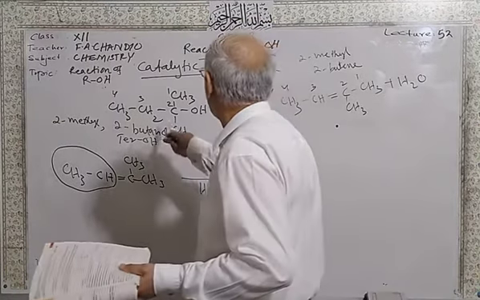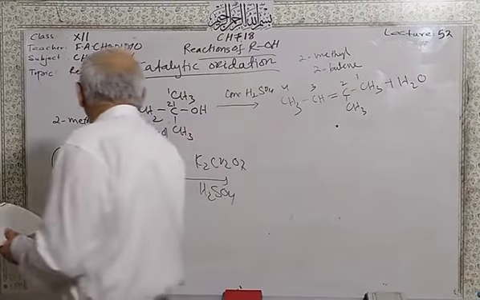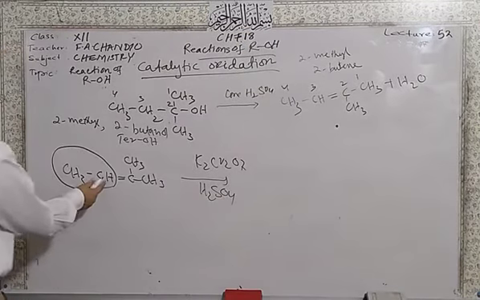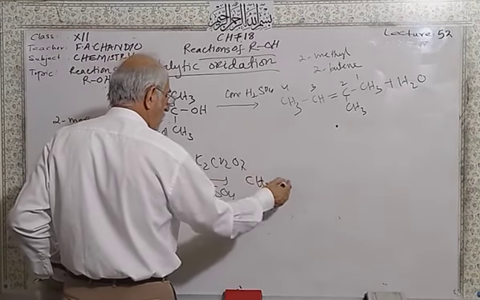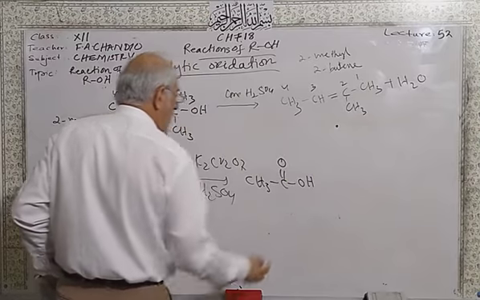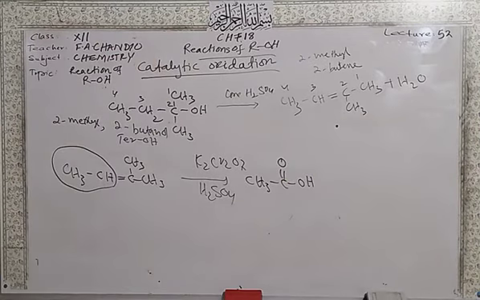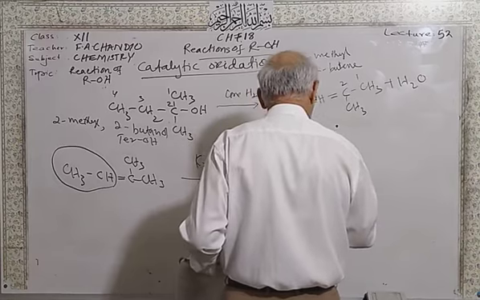Parent alcohol molecule contains 1, 2, 3, 4, 5 carbon atoms. So this will be going to oxidize to get carboxylic acid. Carboxylic acid, CH3, CH, 2 oxygen you add here, and then the other product is a ketone.